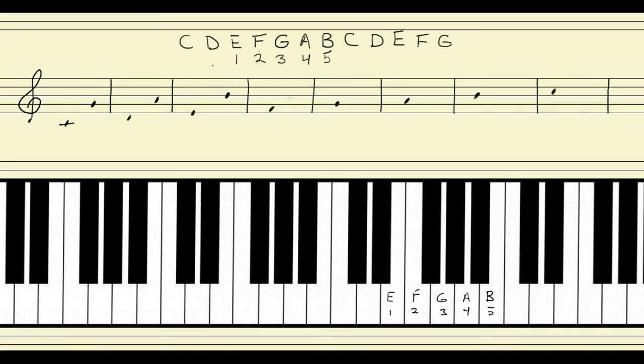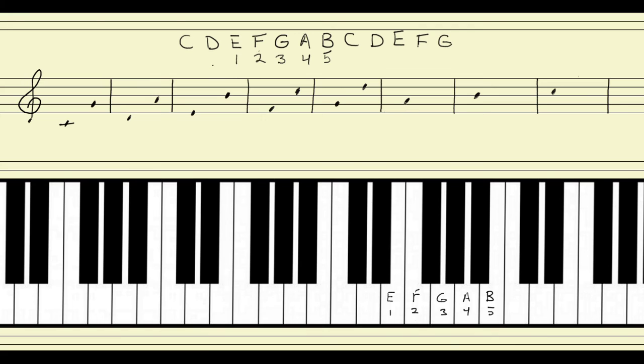And I can do that for each of these notes that I've written here. So let's just quickly do that. A fifth above F is going to be F1, G2, A3, B4, C5. A fifth above G is going to be G1, A2, B3, C4, D5.